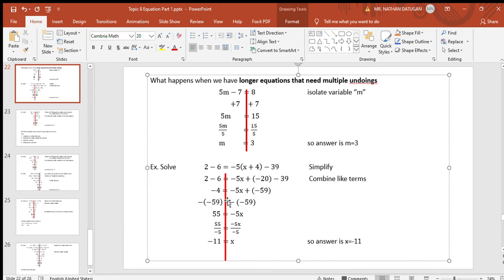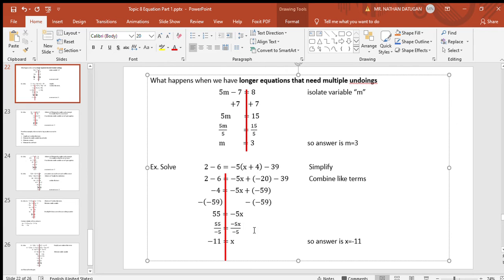Now, what do we do? We're going to subtract negative 59 on both sides. We're going to get 55 is equal to negative 5x. So now we want to get rid of that negative 5 of negative 5x.